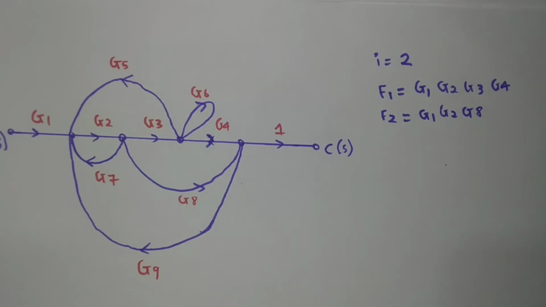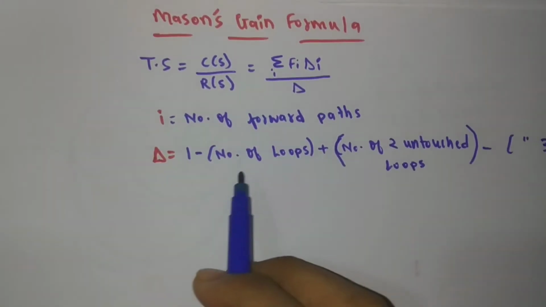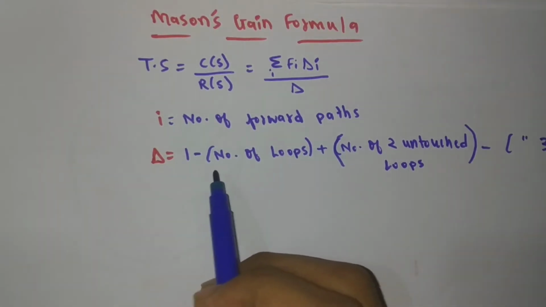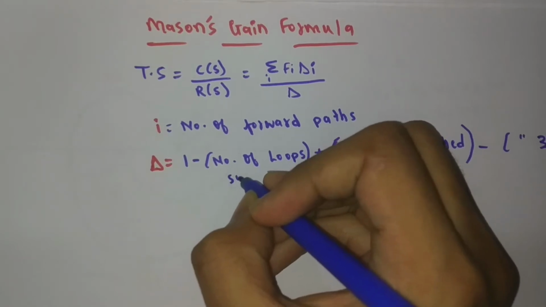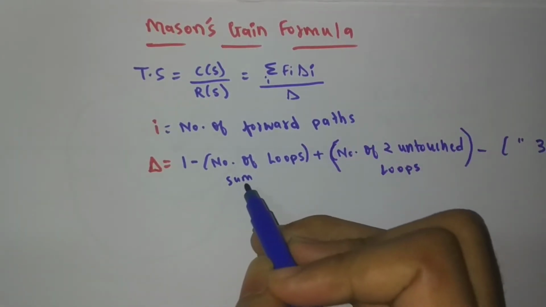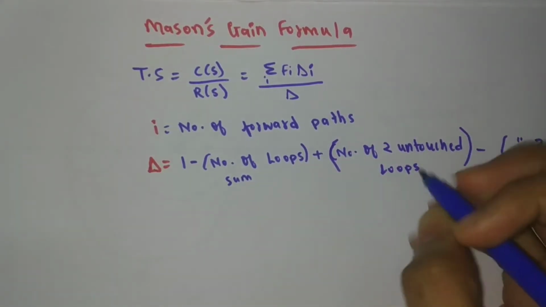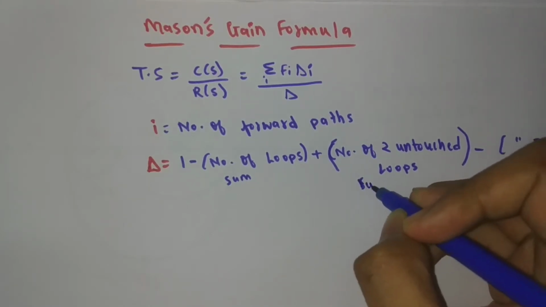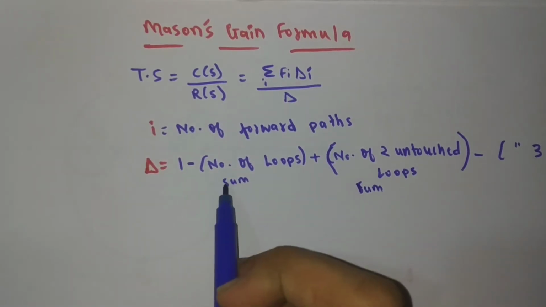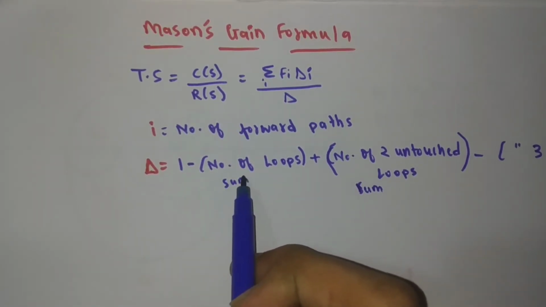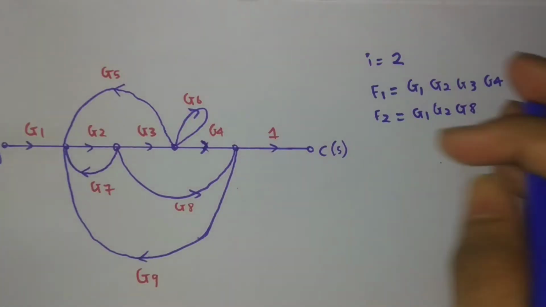Another important thing: in the formula of the determinant, I told you it's 1 minus the sum of the number of loops, and here also the sum of the number of two untouched loops. So first we have to find the number of loops, and then we are going to add them.